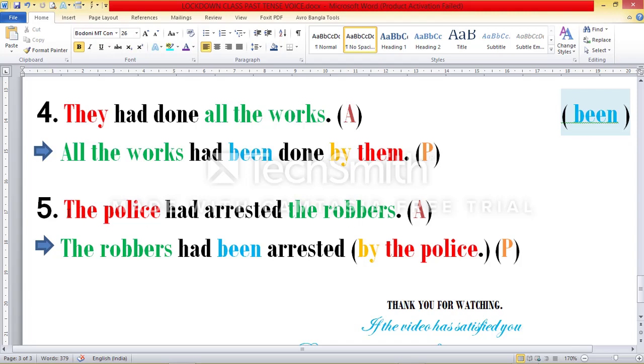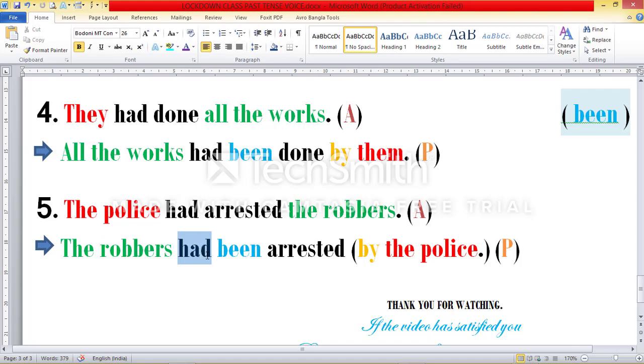And in this sentence, as you know, the police, this is the subject, and the robbers, this is the object. So first of all, what we have to do is to make the object subject. So the robbers will be written here as subject. The robbers here has become subject. After that, had will come.